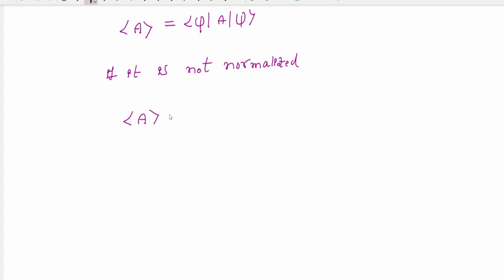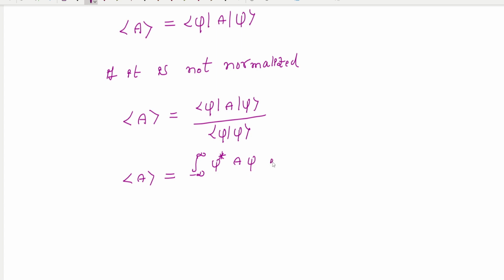The expectation value we can write like this: wave function psi, operator, and wave function psi, divided by psi, psi. If it is normalized, then we can write it like this. Or in integration form, this is very, very important. It is useful in solving problems. Over the volume of the system, the integral from minus infinity to plus infinity of psi star psi d tau.